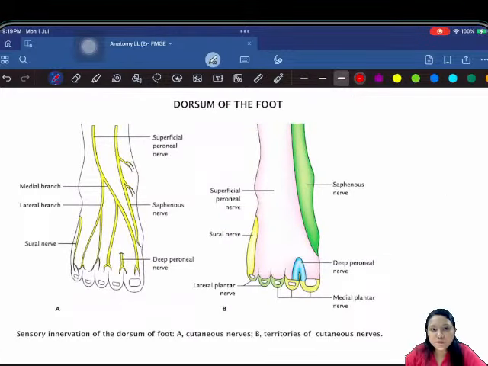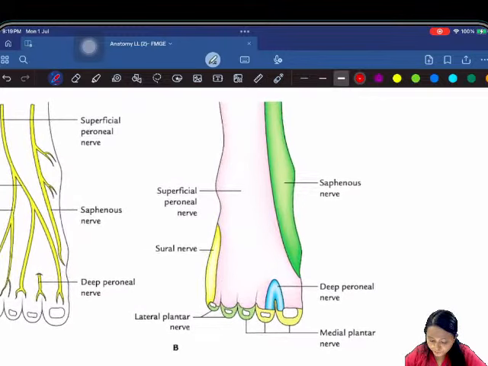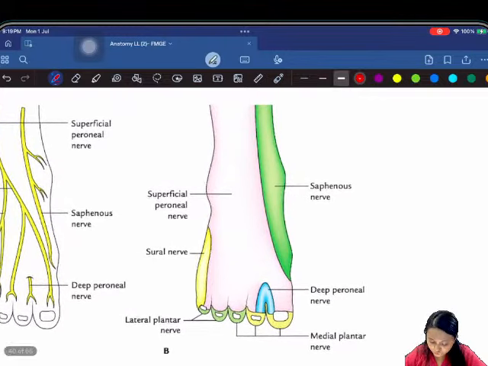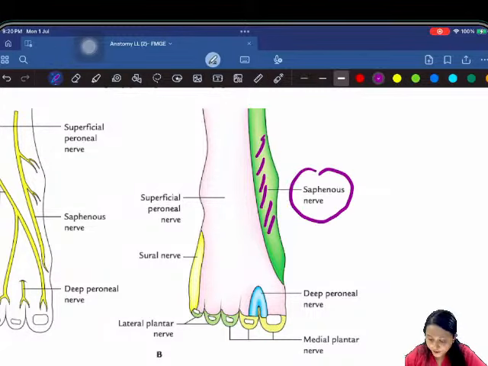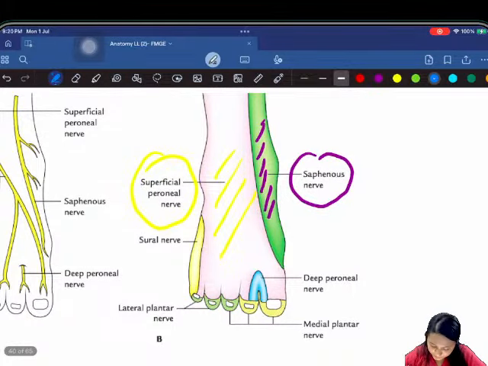That is the dorsum of the foot. Now here you can see certain cutaneous innervation. So you can see that the medial aspect is supplied by the saphenous nerve. Okay, most of the dorsum is supplied by the superficial peroneal nerve, except the first web space, which is supplied by the deep peroneal nerve.